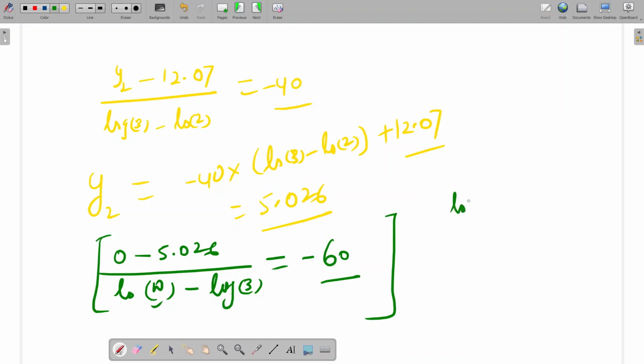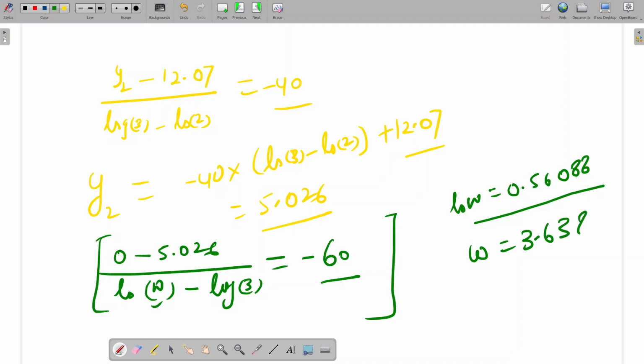So log omega is 0.56088, and if you do 10 to the power 0.56088, I am getting 3.638. Omega is equal to 3.638. Okay. Based on this, we can calculate the phase margin also.